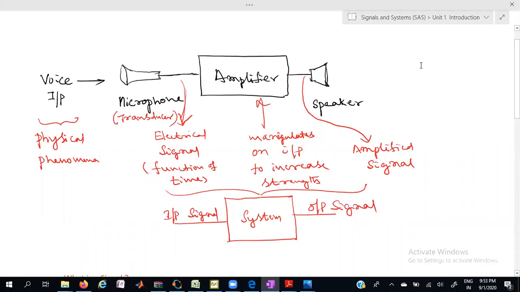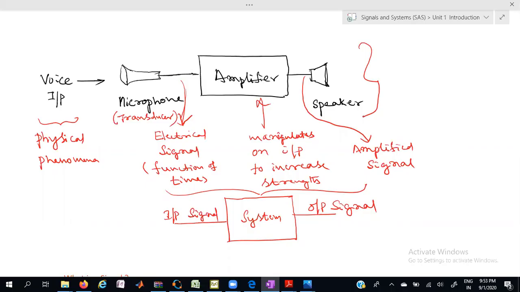So let us take an example here. I'm just taking an example of how a voice signal can be amplified so that the amplitude of the signal will be strengthened.